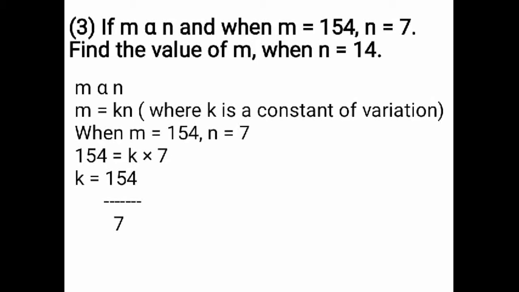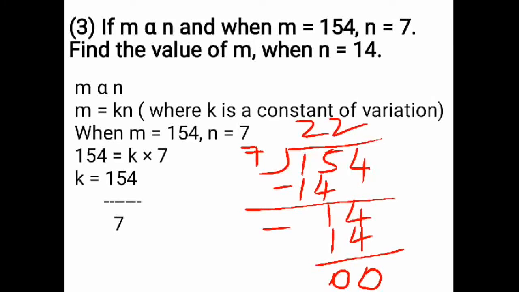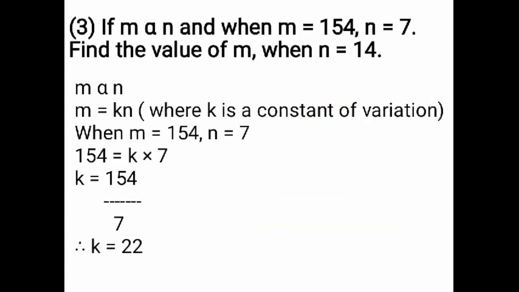K which is there on the right side, I took it on left side because you have to find k value. And 154 which is on the left side, you have to take it on right side and it will go on numerator. Number 7, you have to take it on denominator. Means you have to divide 154 by 7. I have divided 154 by 7. I am getting the quotient 22. Therefore, k is equal to 22.